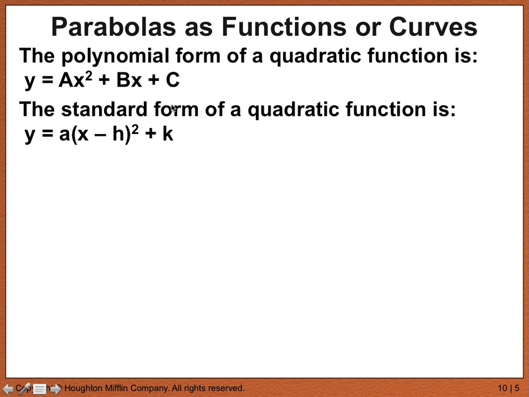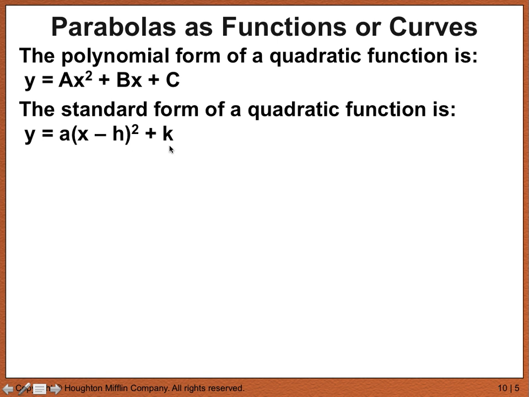The standard form of a quadratic function is y equals a quantity x minus h squared plus k. And you may or may not remember this from last year. We're going to see it again a little more later in the year. Just going through the elements briefly, h and k represent the vertex of the parabola.